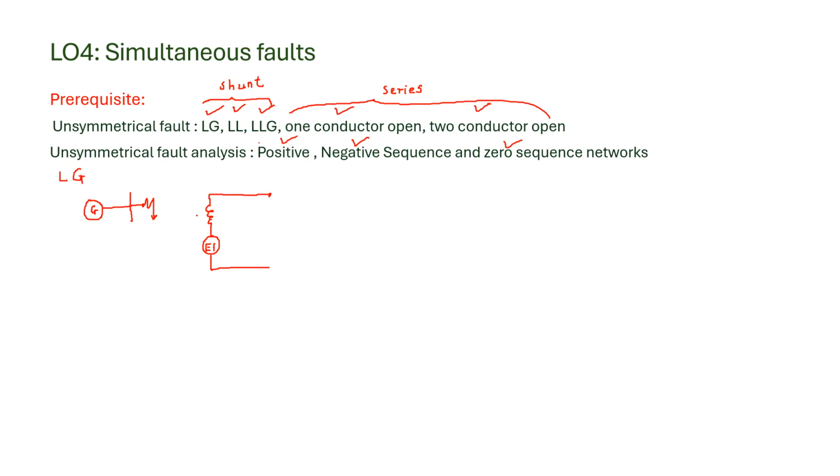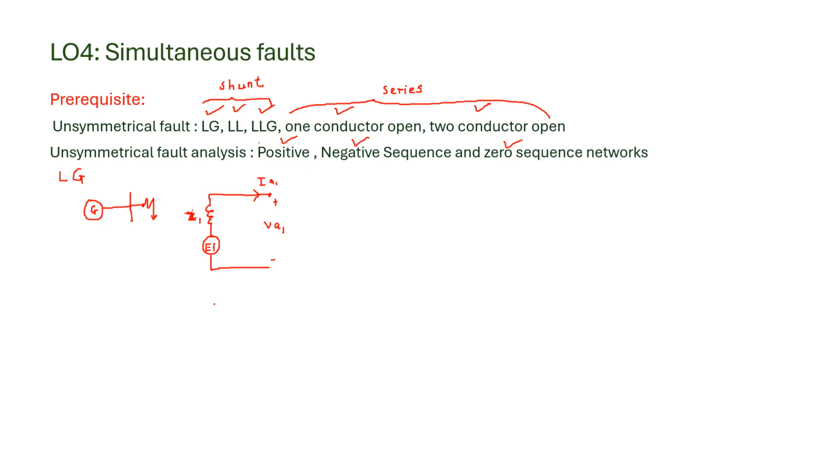This we call Z1, that is the positive sequence reactance, and this is the current IA1, and VA1 is the voltage with plus and minus. So this is the positive sequence network.